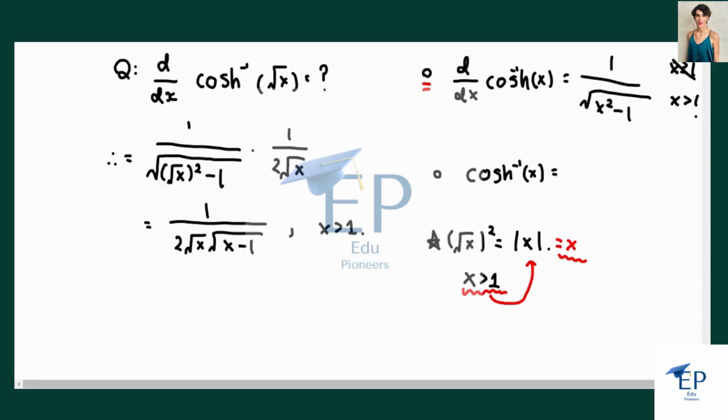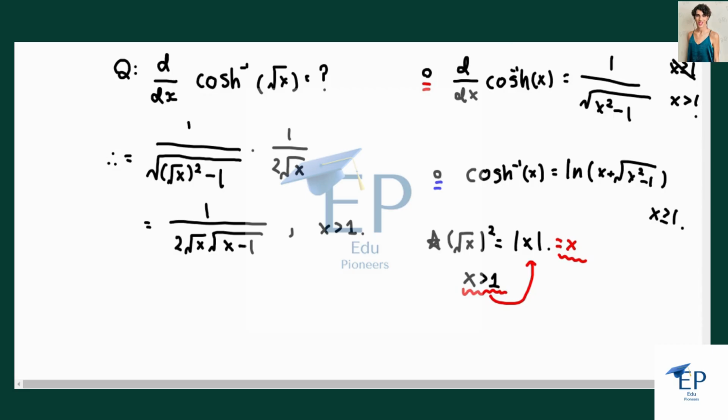The other way to approach this problem is, if you remember that cosh inverse of x is equal to the natural log of x plus the square root of x squared minus 1, where x is greater than or equal to 1, then we are going to take the derivative of a natural log and approach it with the chain rule multiple times.